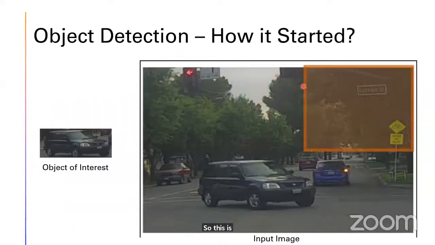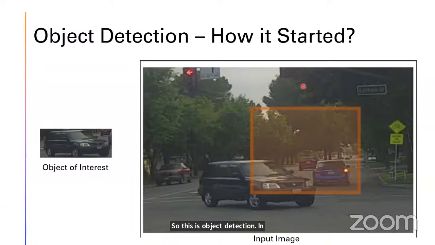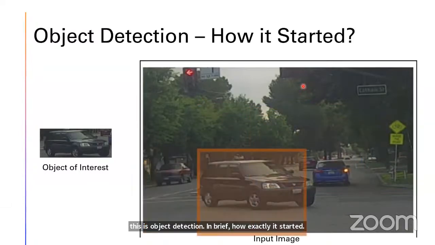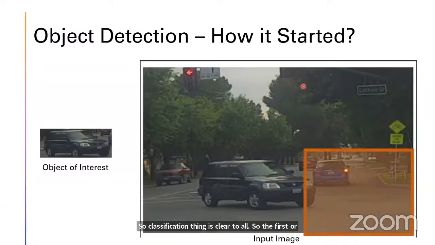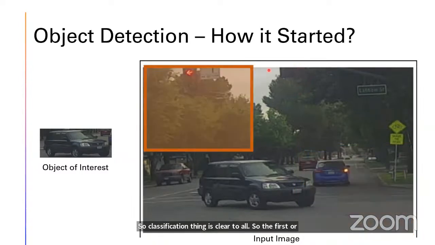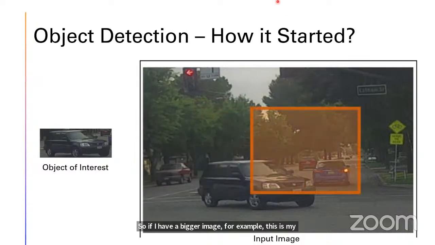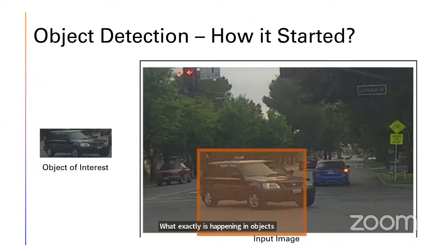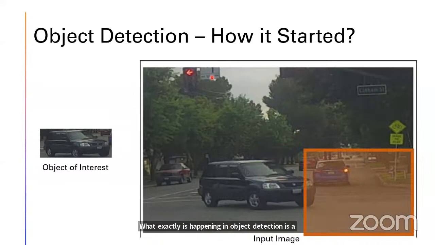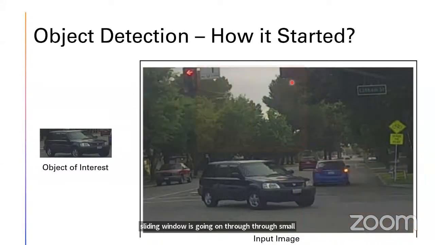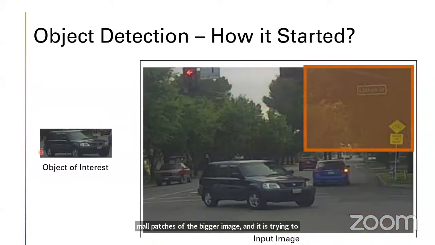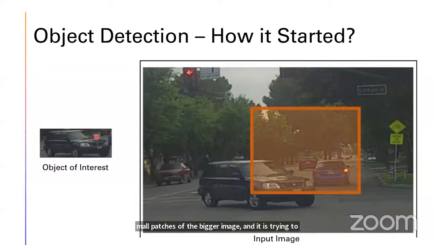How exactly did it start? Classification is clear to all. If I have a bigger image, for example, this is my bigger image, what exactly happens in object detection is that a sliding window goes through small patches of the bigger image, and it tries to find the particular object of interest, that is my car.